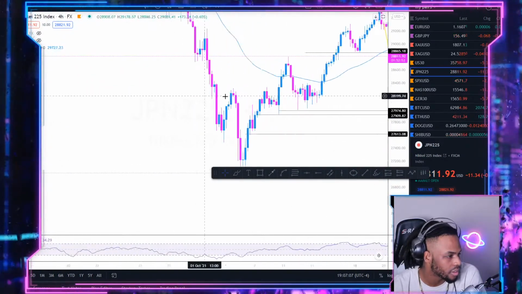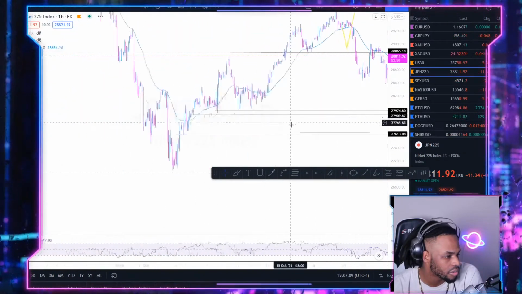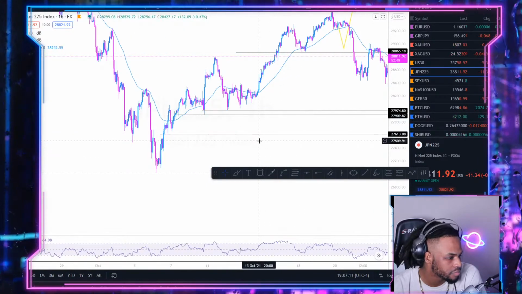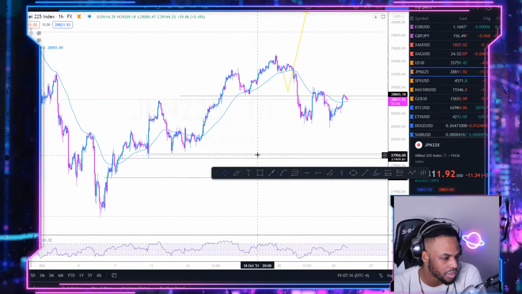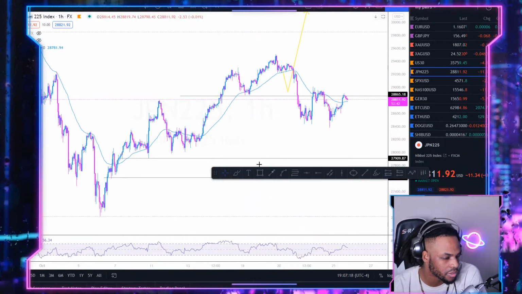Yeah, you could have called a lot of that. That's 4 hour. A little cleaner on the 1 hour. Even on the 1 hour, you don't have a lot of fake outs. So this is a nice pair to swing trade, if you're just trying to hold it for a week or so.